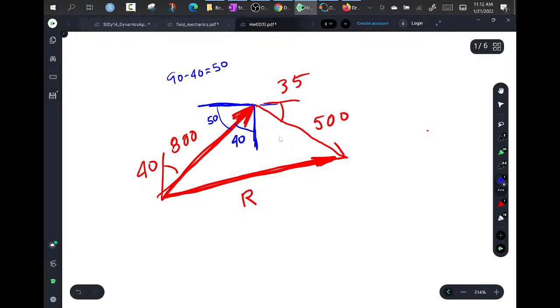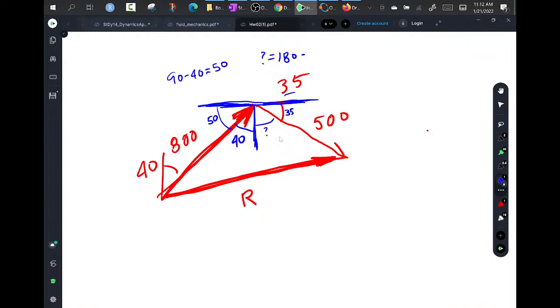This red line that heads off over here is the same line that's over here. So that, even though I wrote it up there, is 35 down here. So now I've got what's left here to determine, and that would be 180 minus, okay, go ahead and take the 90, because that's the 40 and 50 is 90, minus 35.